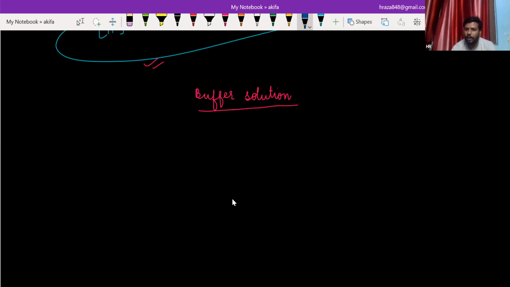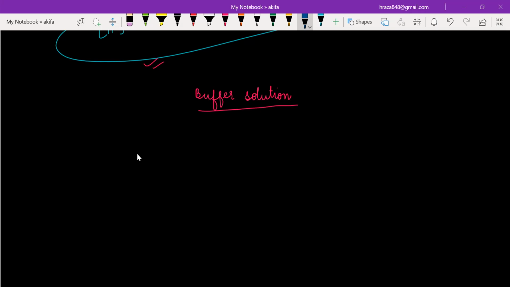If the solution will resist change in its pH, that solution is called buffer solution. You don't have to add a lot of acid or a lot of base, then definitely it will change. It is said that a small amount of acid or base, or you can dilute it with a small quantity of solvent. Got it? Yes. Okay, write with me.